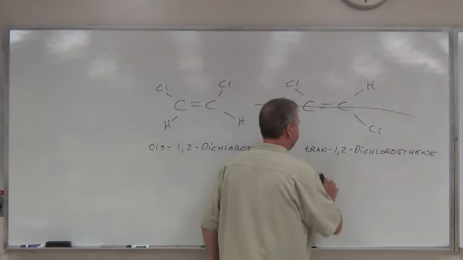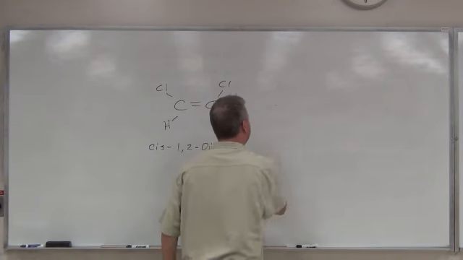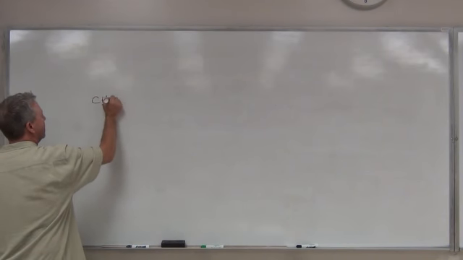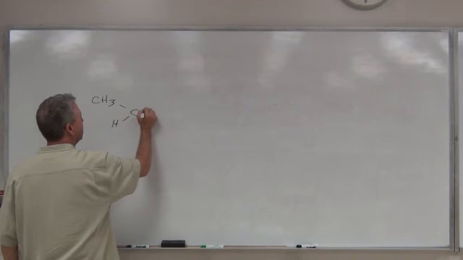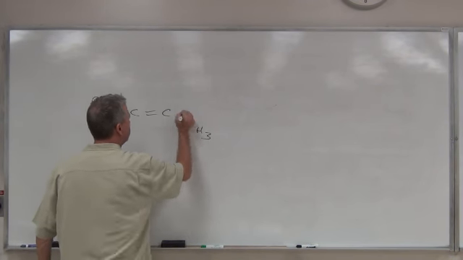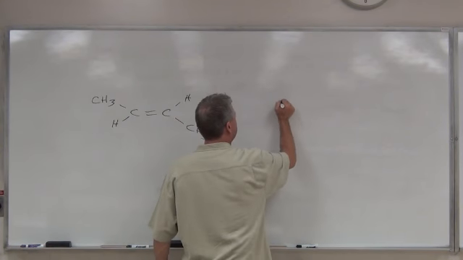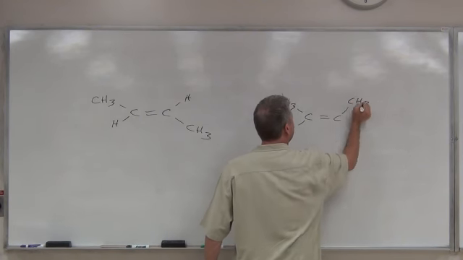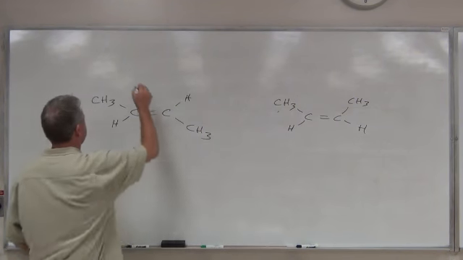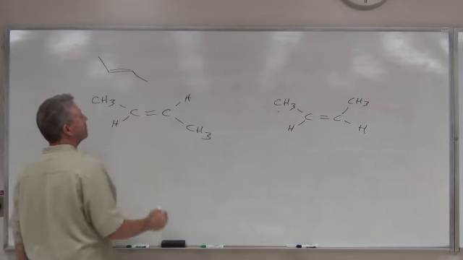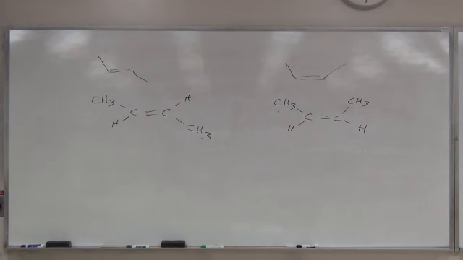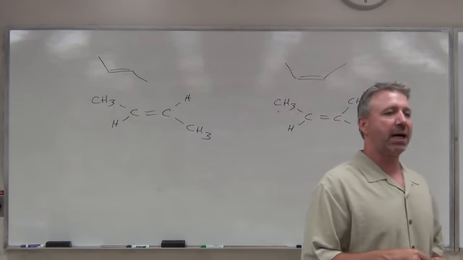So back when we looked at 2-butene, if we look at these in the line formula, they look like this. 2-butene actually has two geometric isomers.